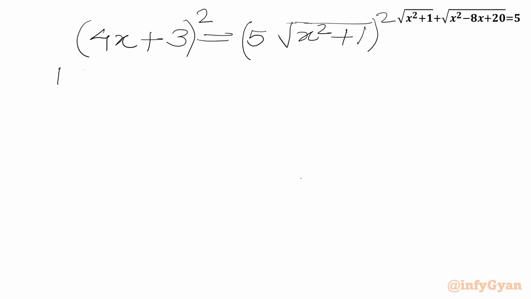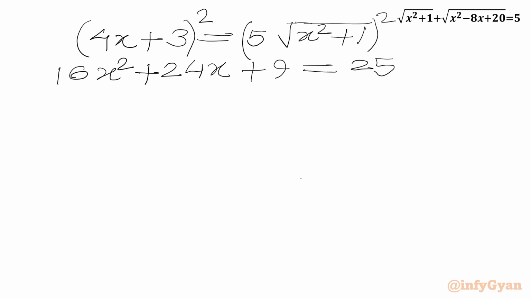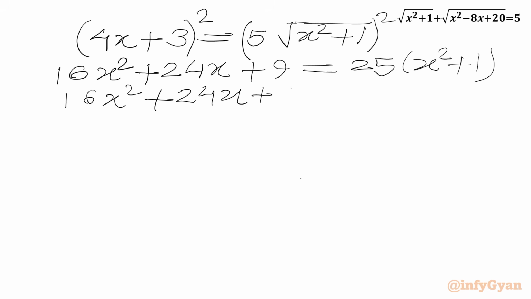So a square will be 16x square, 2ab will be 24x, plus b square will be 9. In RHS, 5 square is 25, square root of x square plus 1 whole square, x square plus 1. 16x square plus 24x plus 9 will be equal to 25x square plus 25.